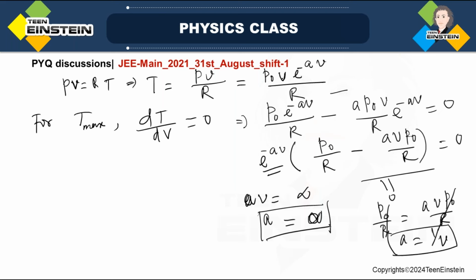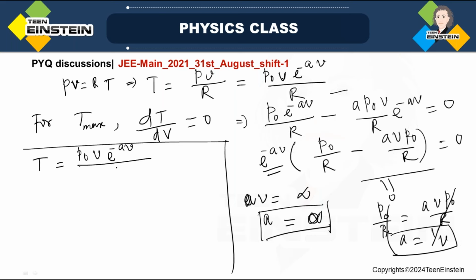So I'll put the value of that A in the temperature expression. The expression for the temperature we had got is T is equal to P0 V e to the power minus A V divided by R. So what will be T max?